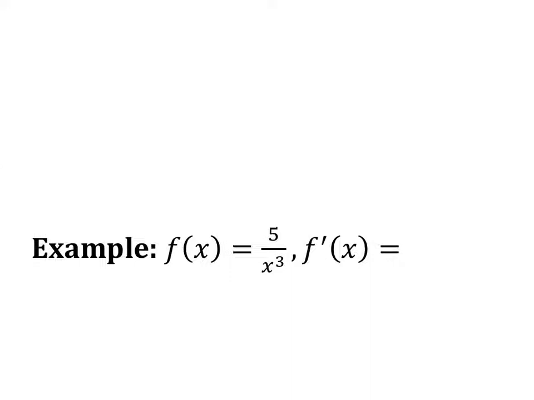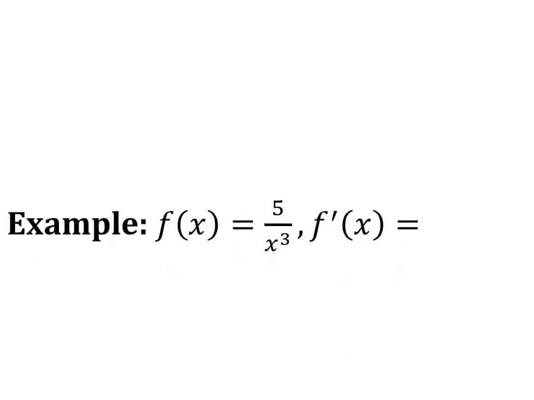Okay, now let's look at this example. In this example, x is not in the numerator. However, you can change it. So 5 over x cubed, how do you change it so that they're all in the numerator? Peter? Yes, x to the negative 3.